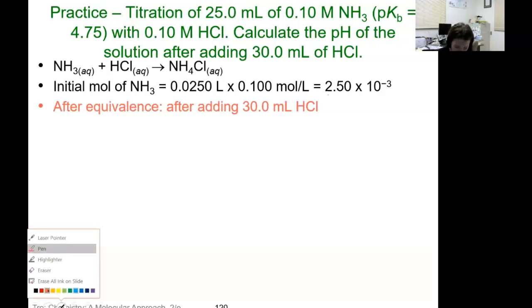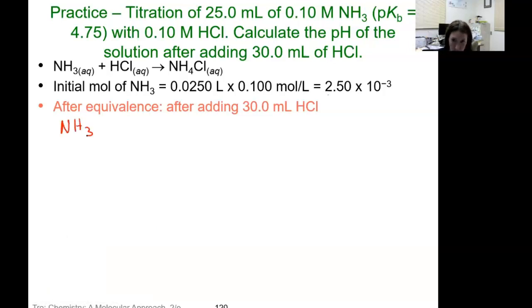I'm not going to use blue. I'll use red again. So if we have our NH3 and our HCl and our NH4Cl, and before we had 2.5 times 10 to the minus 3, and we added 3 times 10 to the minus 3 moles.